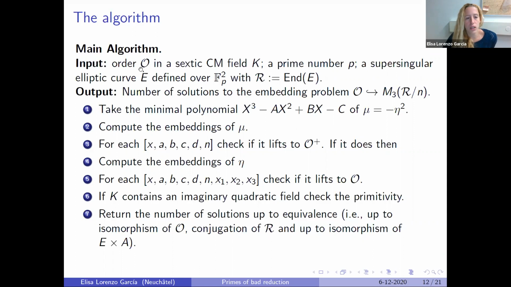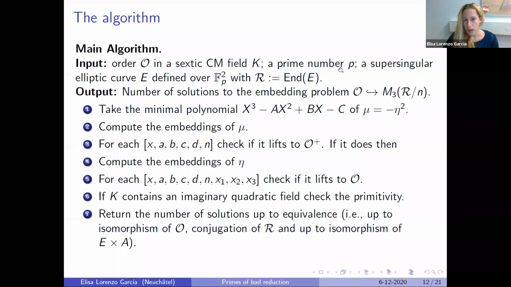The input is an order in a Stixian field, a prime number P, and a supersingular elliptic curve, which is just given by the order in the quaternion algebra. And then the output is all the solutions to the YEP that look like this. First we compute the possibilities for the image of mu.